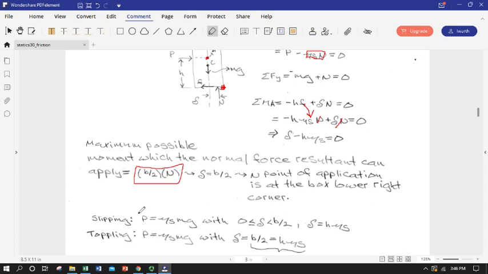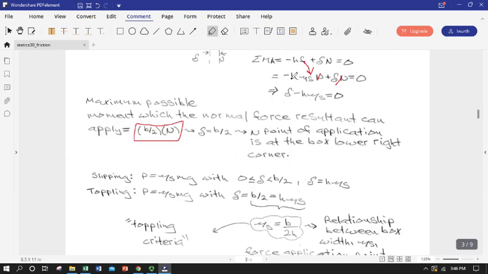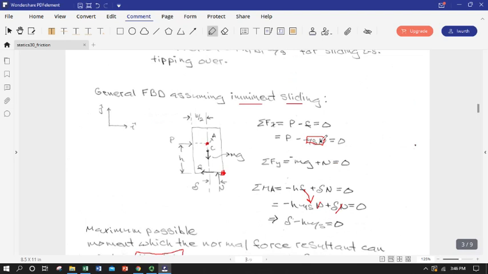If we continue to do that, and we relate equations together, we can say our slipping criteria for P, maximum P, is going to be mu sub s times mg, and that came by just substituting in mg for N in our two force equations.